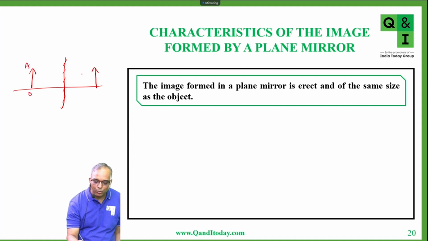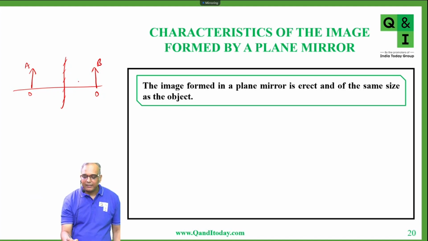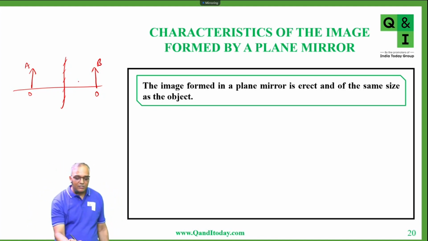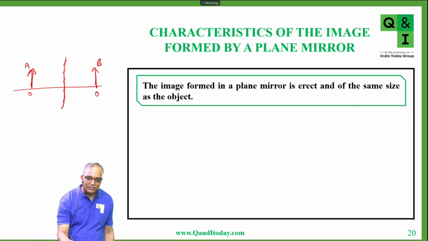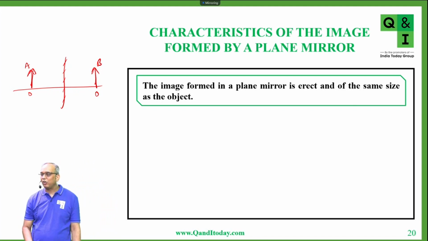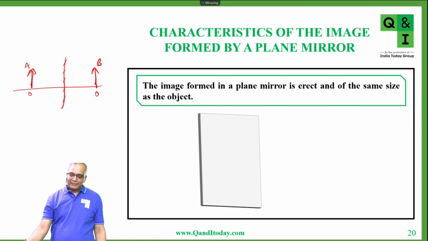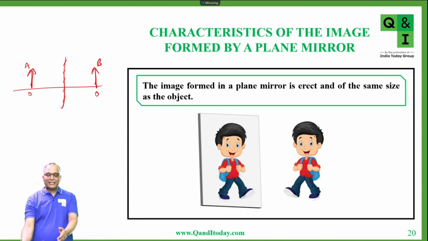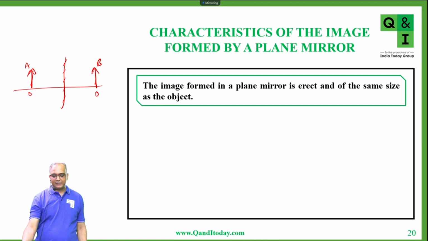So if OA is the object, the image formed, let's say OB, will be the image. This image is also erect and the size of the image is the same as the size of the object. Is it clear? You can see the image is erect and of the same size as the object in this case.